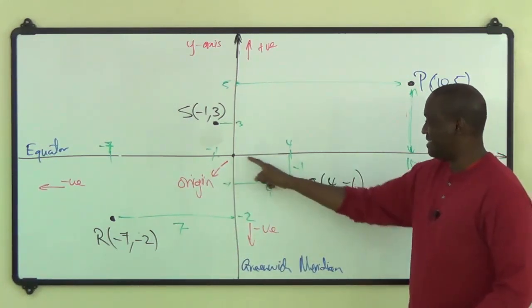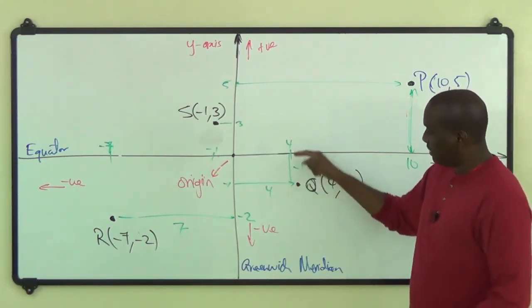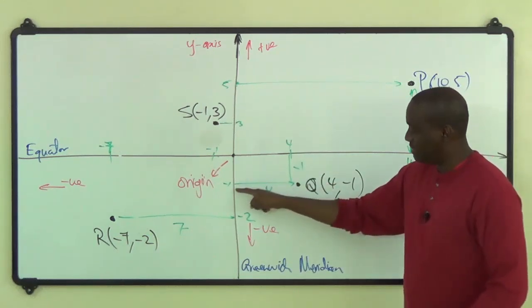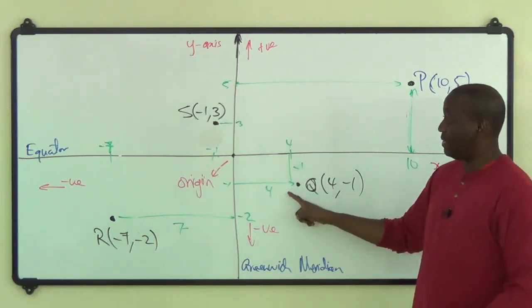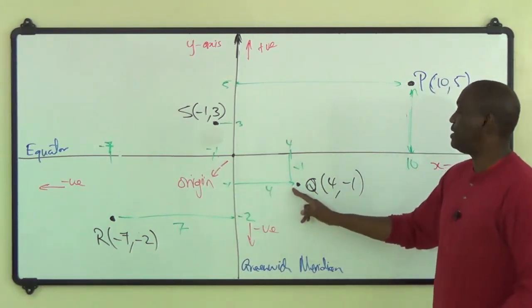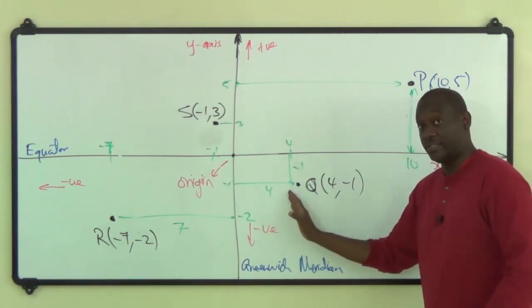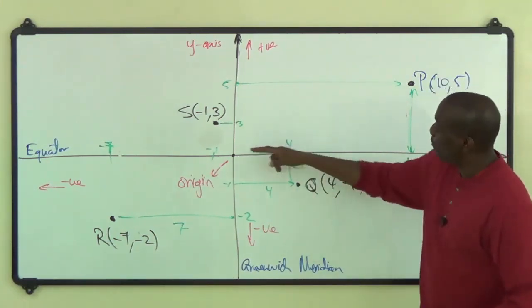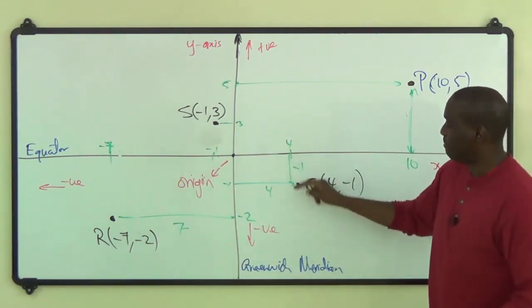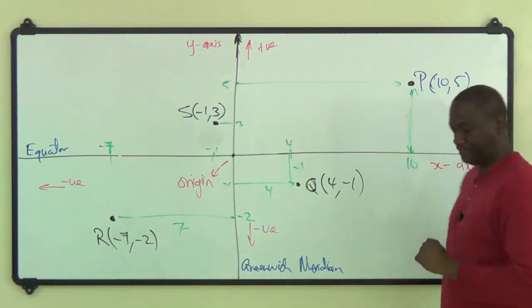Similarly here, this line is in line with the origin, and the perpendicular distance is 1, but it is 1 below the x-axis, and this distance is 4 to the right of the y-axis. So 4 units to the right of the origin will give you an x coordinate of 4, and 1 unit below the origin is -1. So Q is (4, -1).